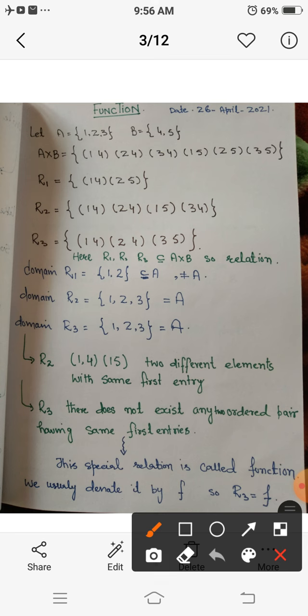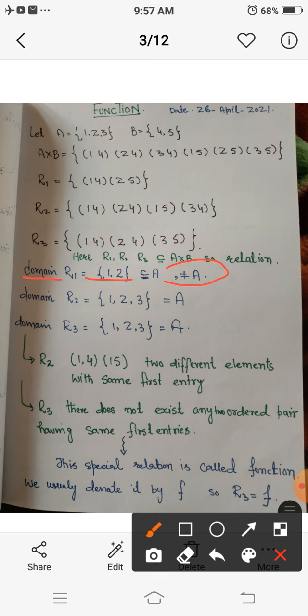Now the domain of R1, the domain of the first relation, is simply the set of first entries. Here the set of first entries is {1, 2}, so the domain is {1, 2}, which is a subset of A, not equal to A, but a proper subset. In R2, the domain equals {1, 2, 3}.